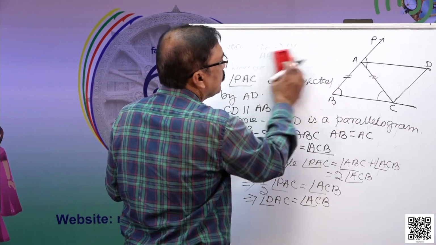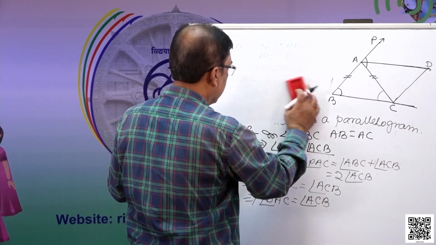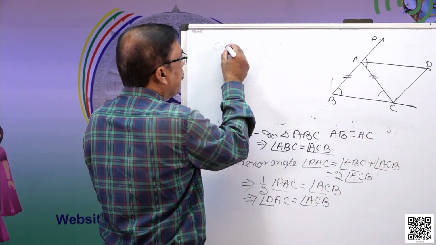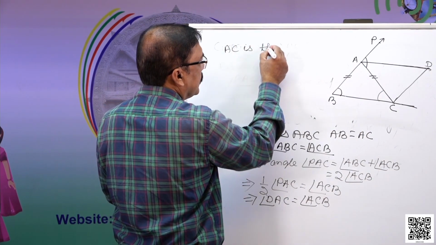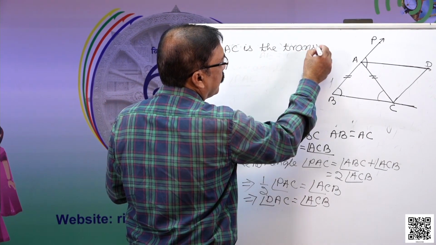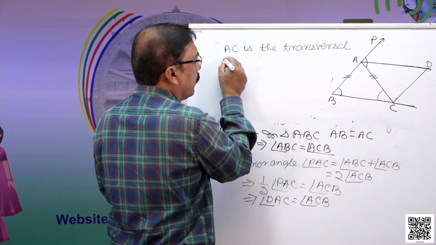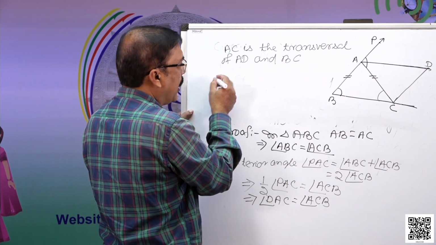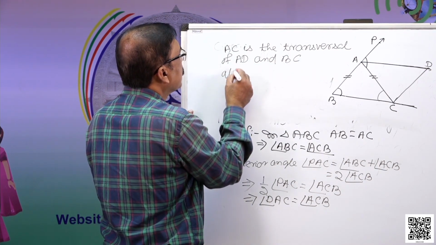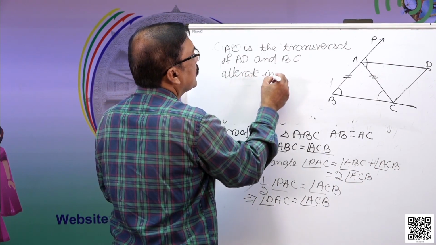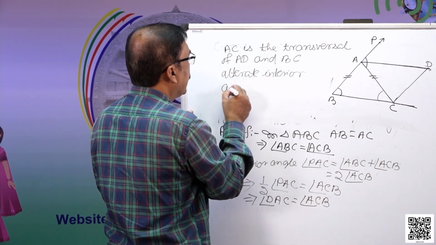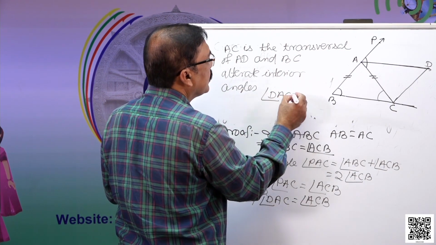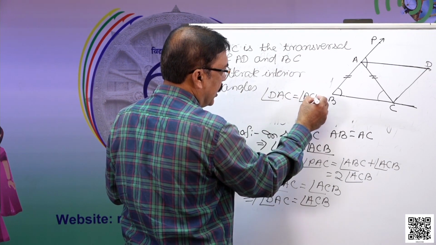Now, you see AC is the transversal of AD and BC, and these are alternate interior angles, DAC is equal to angle ACB.